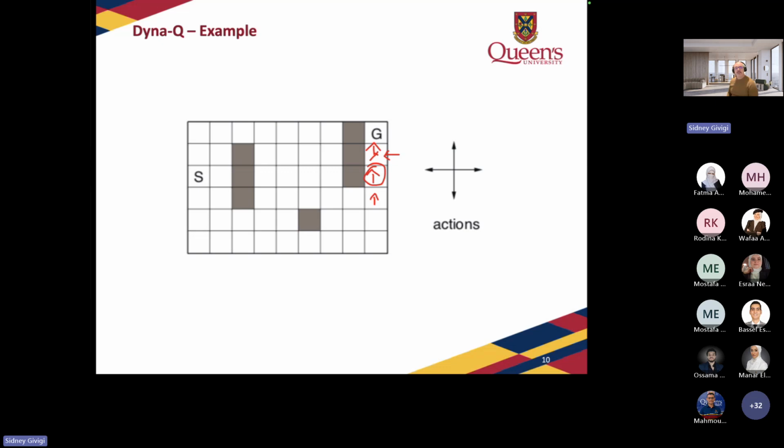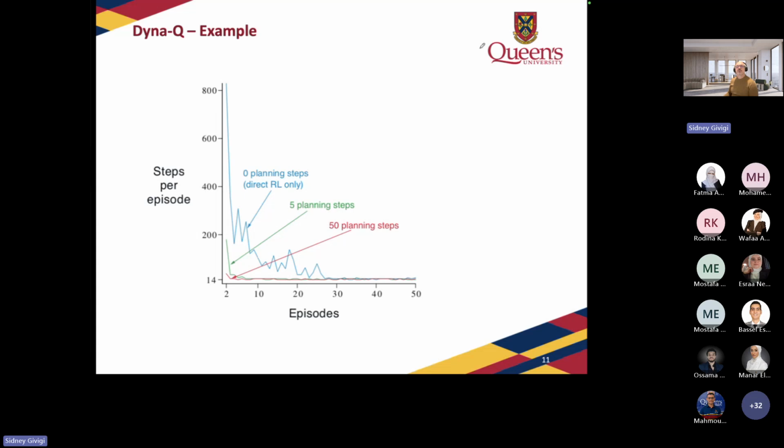And you can see this in real runs of the system. Let's assume here that we have direct reinforcement learning, or we have planning steps for reinforcement learning. Here, the episodes refer to real interaction with the environment, whereas the planning steps means that you're going to have more generated information in this indirect way.